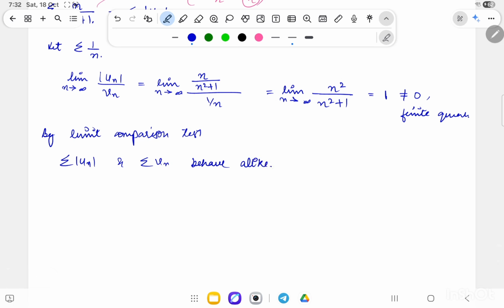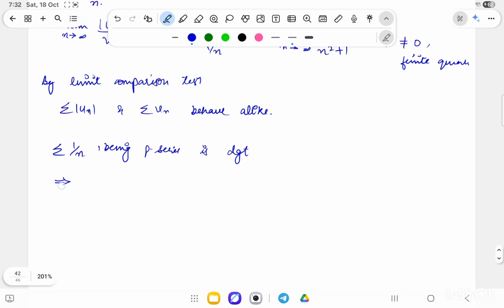And we know that this summation 1 by n, being a p series, is divergent, because a p series is divergent for p less than or equal to 1, and here our p is 1. So from here we can conclude that our series, that is summation mod un, is also divergent.